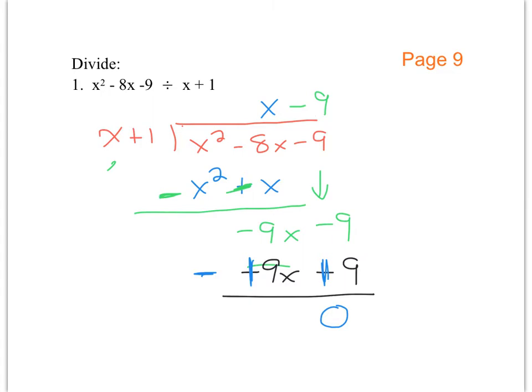Of course, you know that x plus 1 went into this evenly, because if I factored x squared minus 8x minus 9, let's just go back to algebra uno, I would get x minus 9 times x plus 1. So there are my two factors.